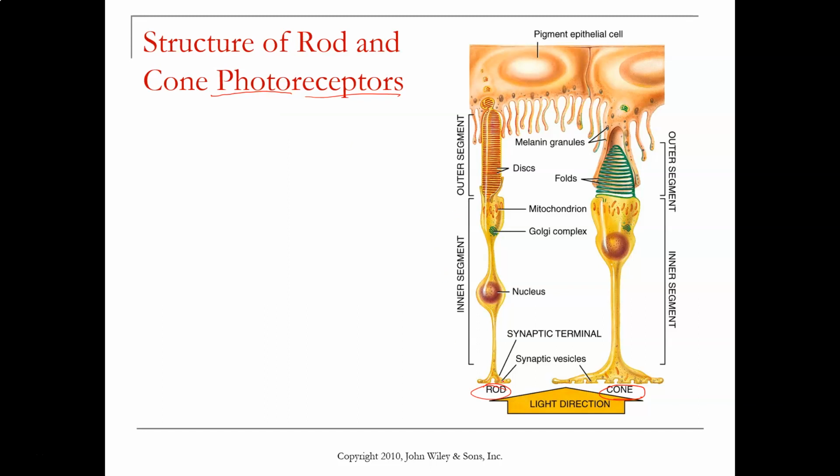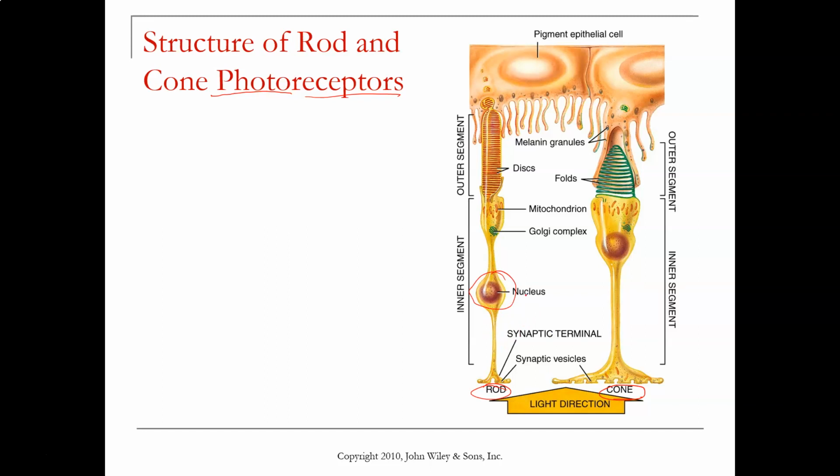We'll see shortly there are other neurons in your eye, in the retina, but these are the only two that can directly respond to light with nerve impulses. So these are our actual photoreceptors. You can see from the picture they're bipolar neurons. Remember, bipolar means you have two processes coming off the cell body.